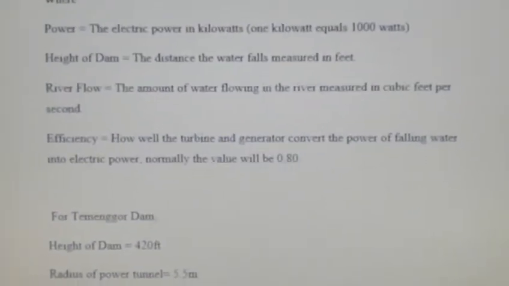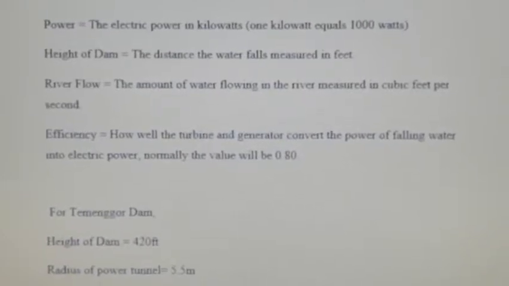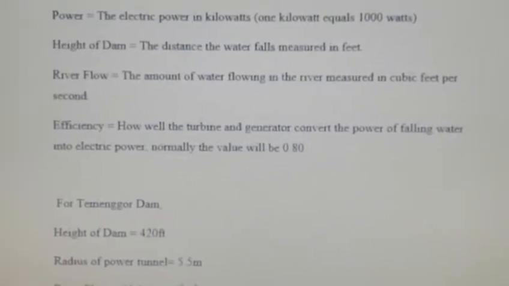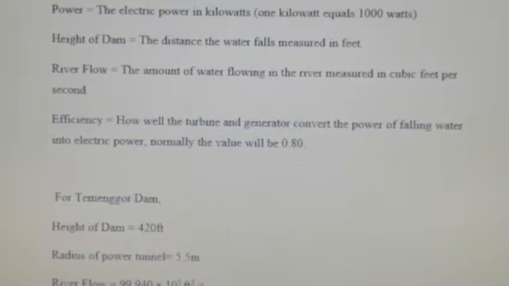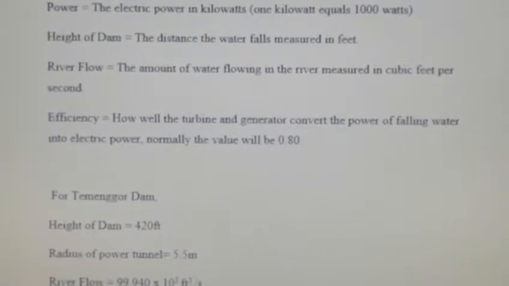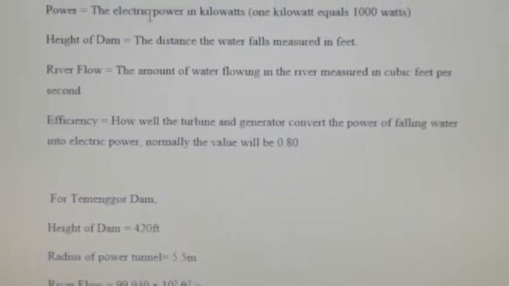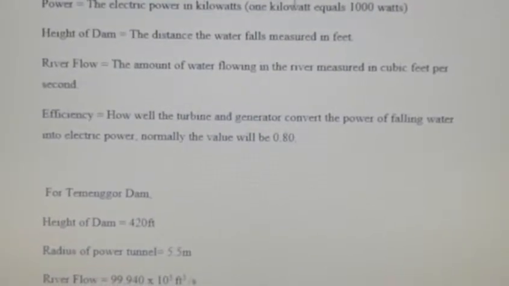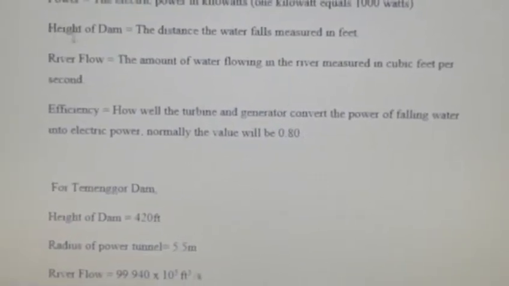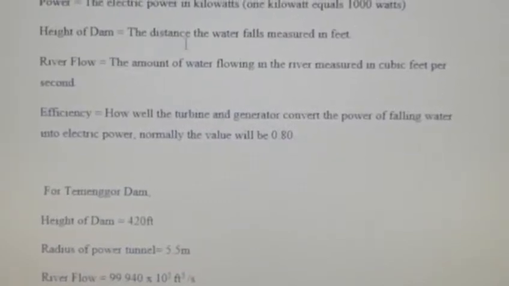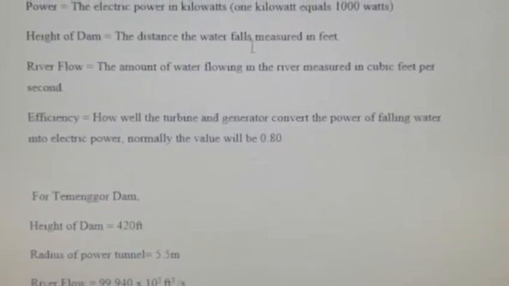From the first part, the power is equal to the height of the dam times the river flow times the efficiency of turbine and generator, divided by 11.8, where the power is the electric power in kilowatts. 1 kilowatt equals 1000 watts. Height of the dam is the distance of the waterfall measured in feet.